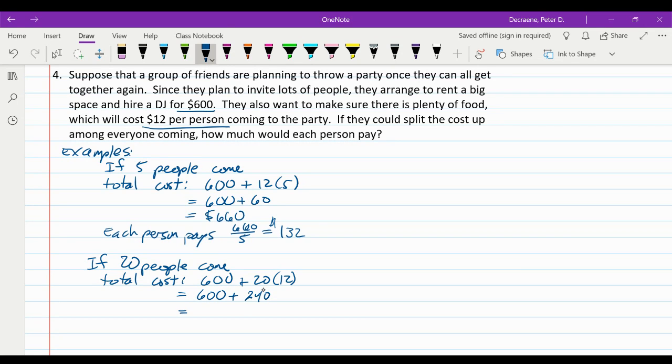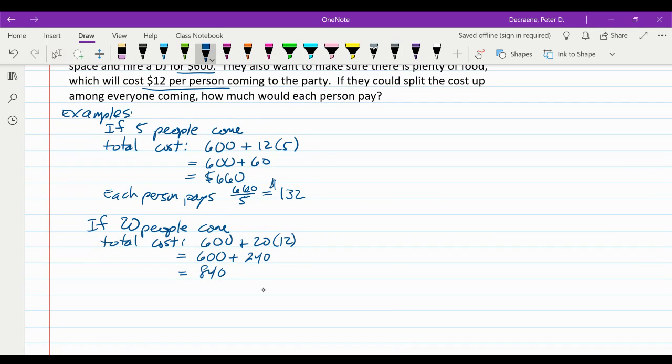Oh boy, that's going to be a lot more, isn't it? That's going to be $840. That's the total cost, though. So each person pays 840 divided by 20, which is $42. That's a lot more reasonable than 132.